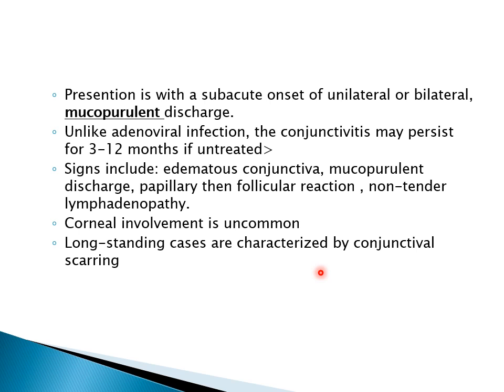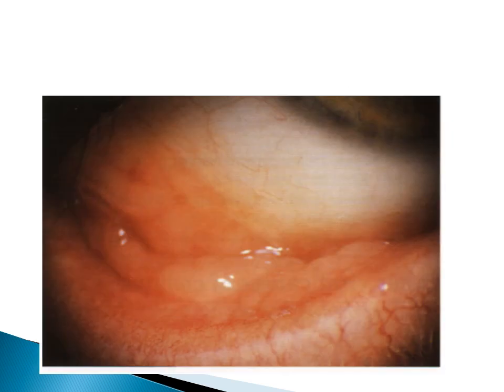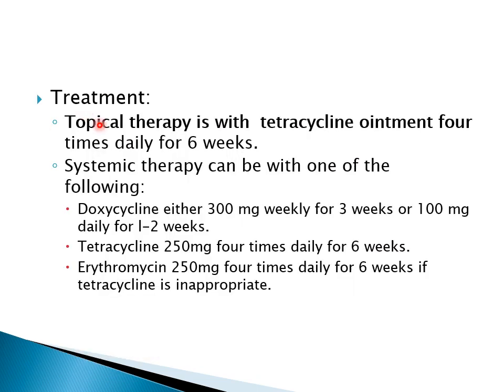Corneal involvement is uncommon, and in long-standing cases there might be conjunctival scarring. This is an example of follicular reaction in the lower palpebral conjunctiva in patients with adult inclusion conjunctivitis or chlamydial conjunctivitis.